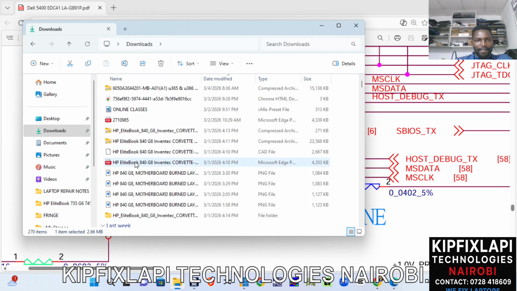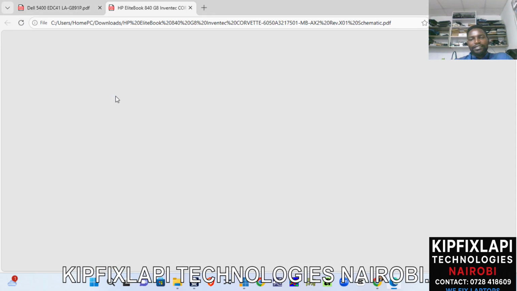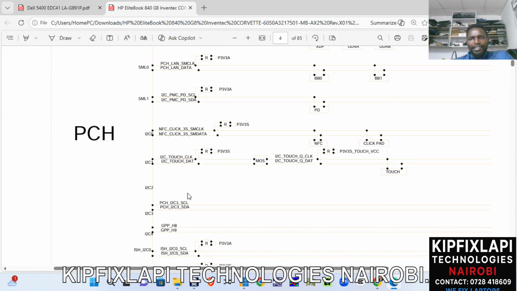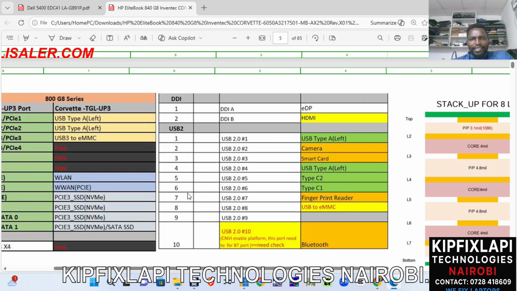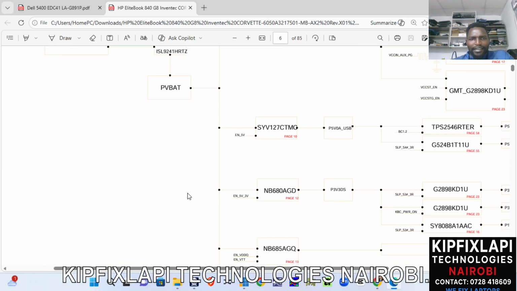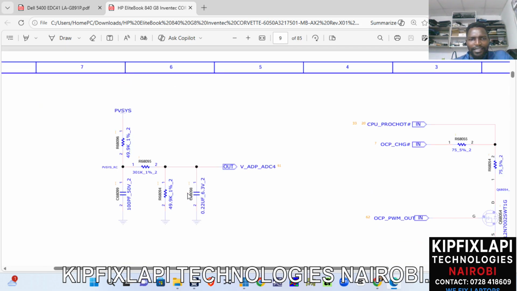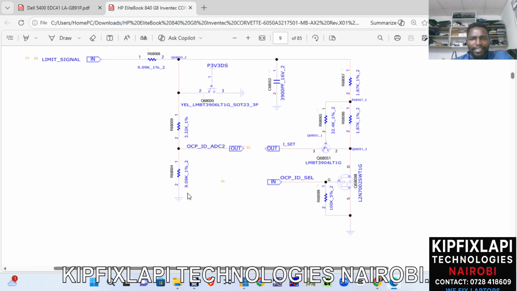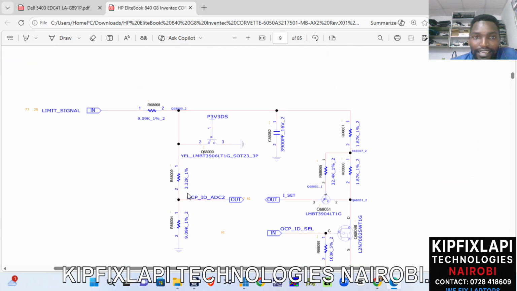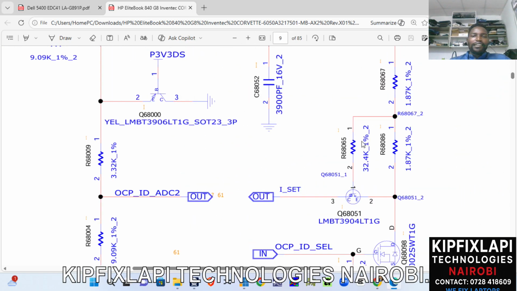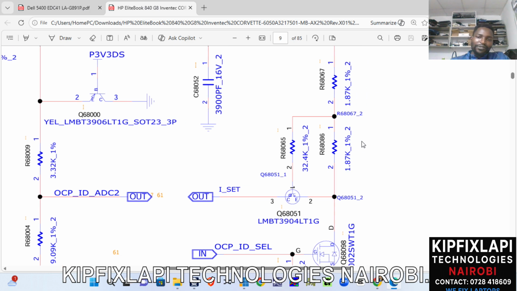Let me use this schematic, for example. Can you check this? I have what I'm interested in showing you here. Let me zoom out a little bit. In fact, these ones have it integrated for you.